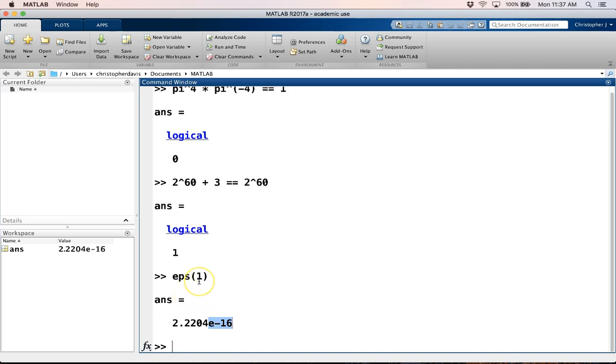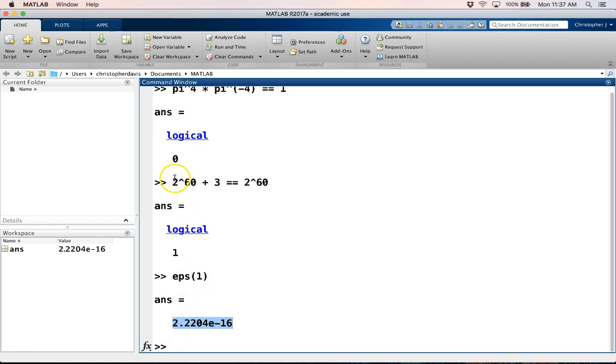So what's that telling me? It's telling me what's the next number that MATLAB knows about that's bigger than 1. So some number that's between 1 and 1 plus this small number, think of it as 1 plus epsilon, it's either going to be rounded down to 1 or rounded up to 1 plus this tiny number.